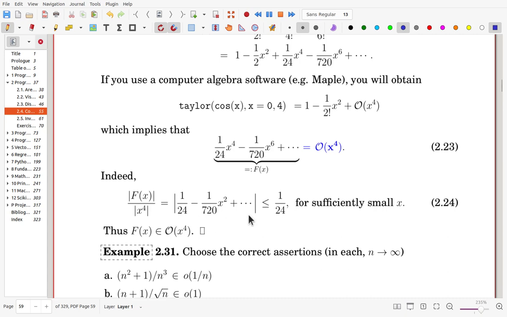So this whole term for small x is bounded by 1 over 24. So the ratio in modulus is bounded by a number k, which is 1 over 24, so we can say f is in big O of x to the 4. So the computer output is given in this way.